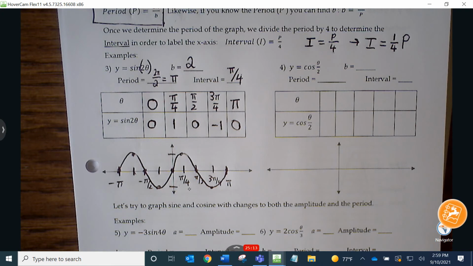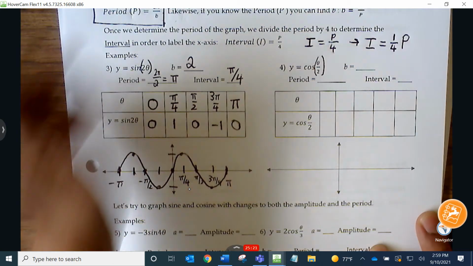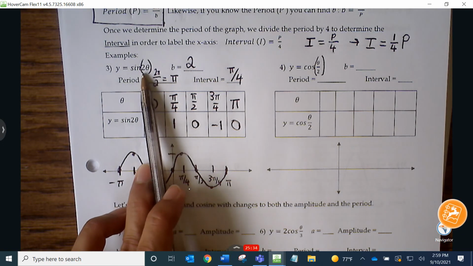All right, so let's look at number 4. Number 4, we see that there's something done to that theta there. There's a b value. Can you identify what that b value is? Okay, so looking at that divided by 2, it looks a little bit strange because it doesn't quite look like what we had before.